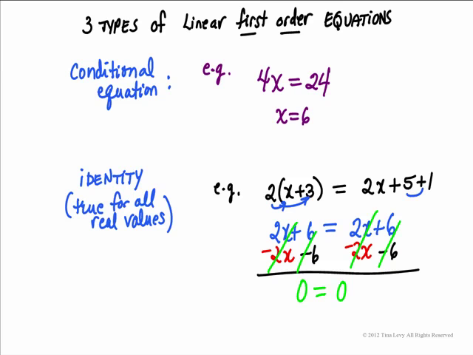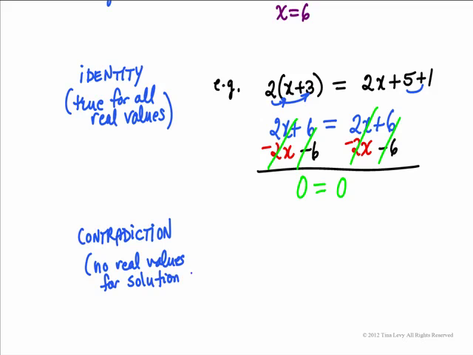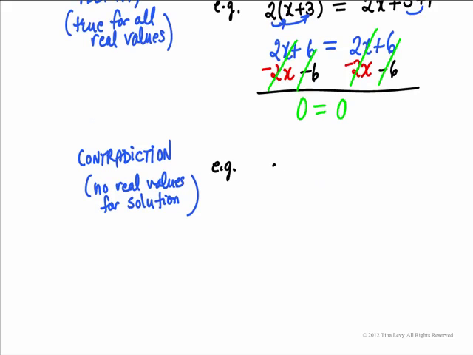The last type of first-order linear equation is what's known as a contradiction. And a contradiction is where there are no real values for the solution. An example of a contradiction might be I take the same 2 times x plus 3 and I say it's 2x plus 12.